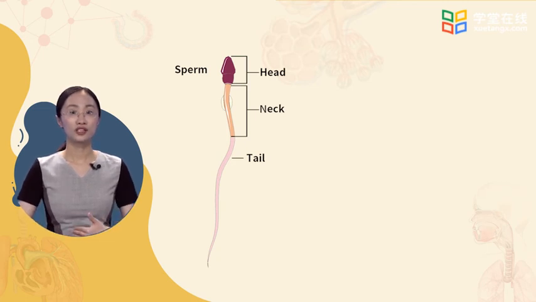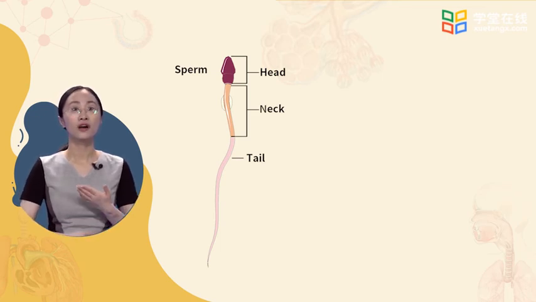During ejaculation, the average ejaculate contains 2 to 5 milliliters of semen. 40 to 300 million sperms may be deposited in the vagina, 50 to 90% of which are morphologically normal. Fewer than 200 sperms will get close to the egg.